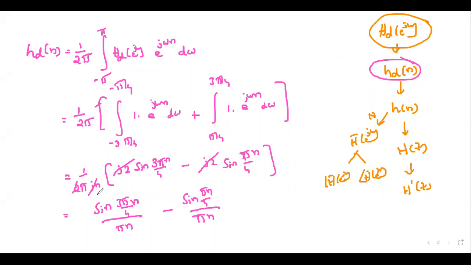Okay. See, this is hd of n we got. After getting this hd of n, we need to find out the samples. How many samples do we need to find? 11.